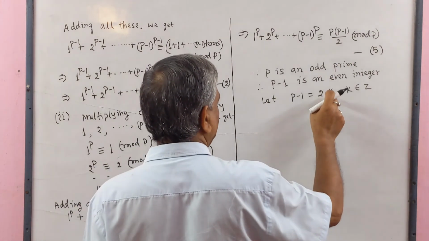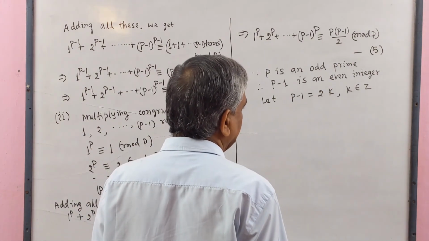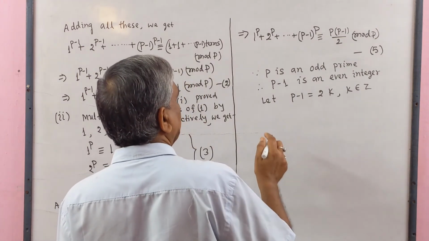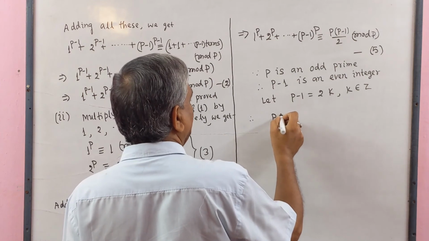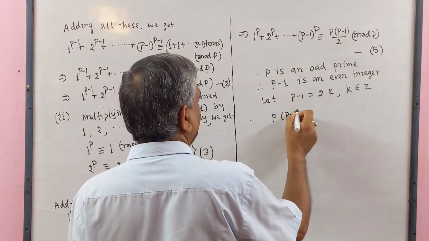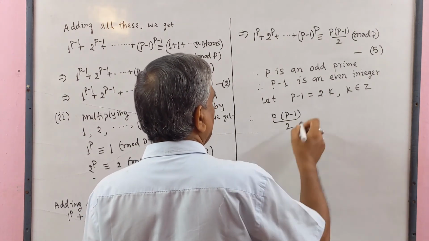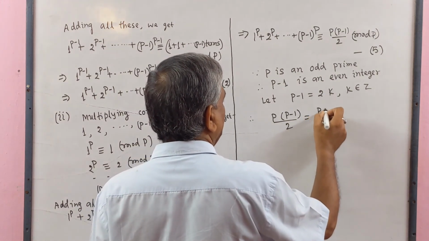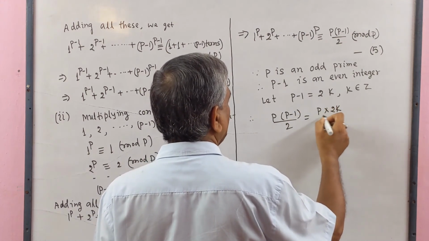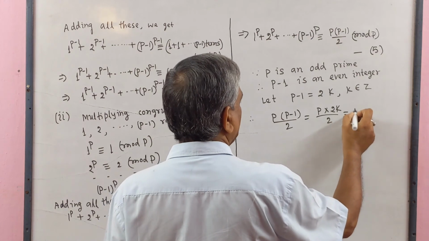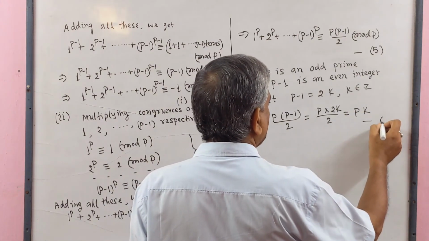This is the formula for denoting an even integer. Therefore, p multiplied by p minus 1 over 2 equals p multiplied by 2k over 2, which equals pk. Let this be number 6.